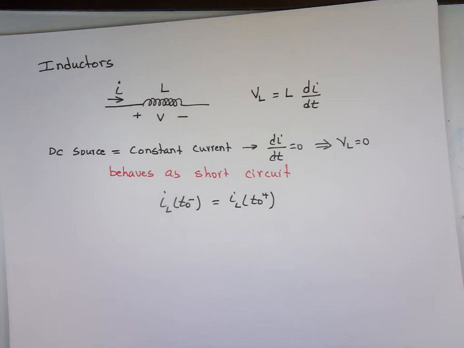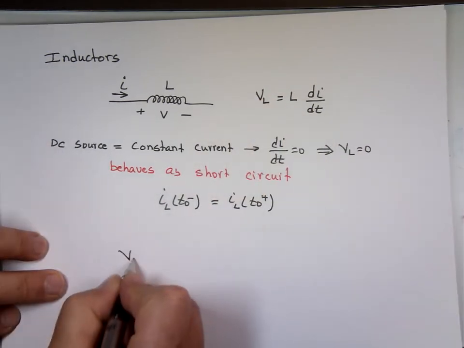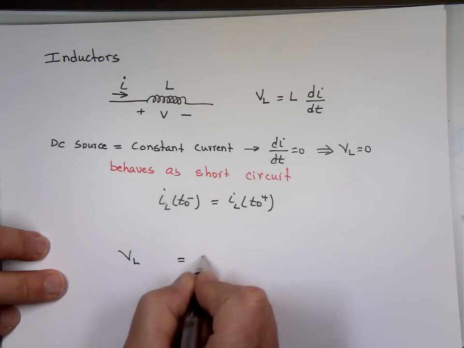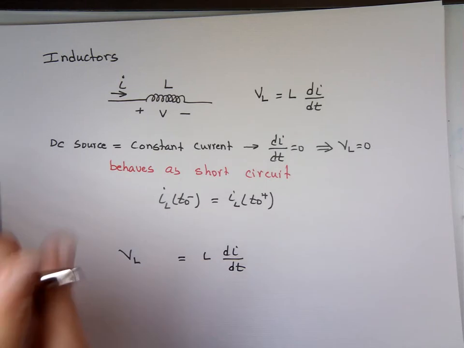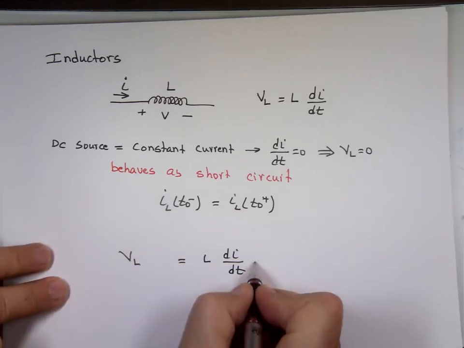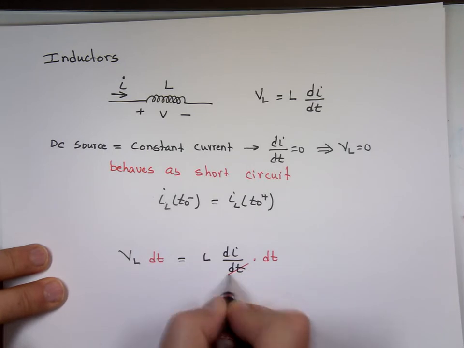We can derive the equation for the current just like we did with the capacitor. Looking at that equation, let's multiply both sides of the equation by dt. This cancels that.